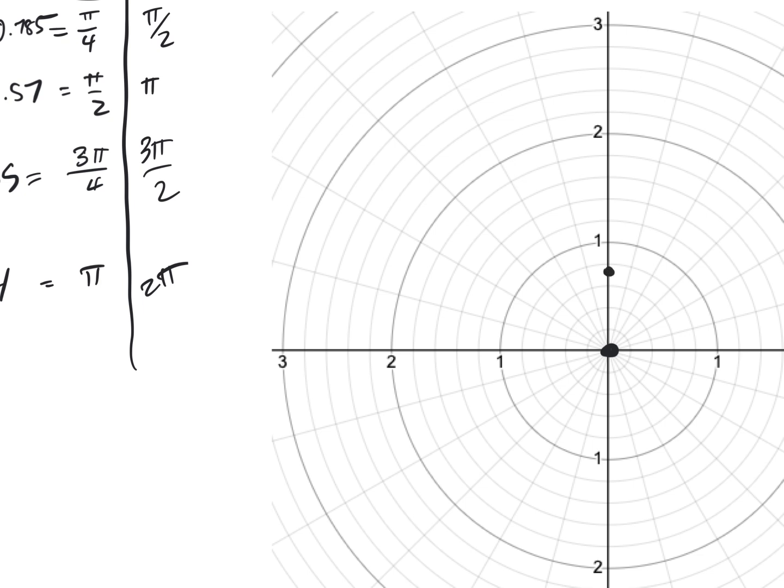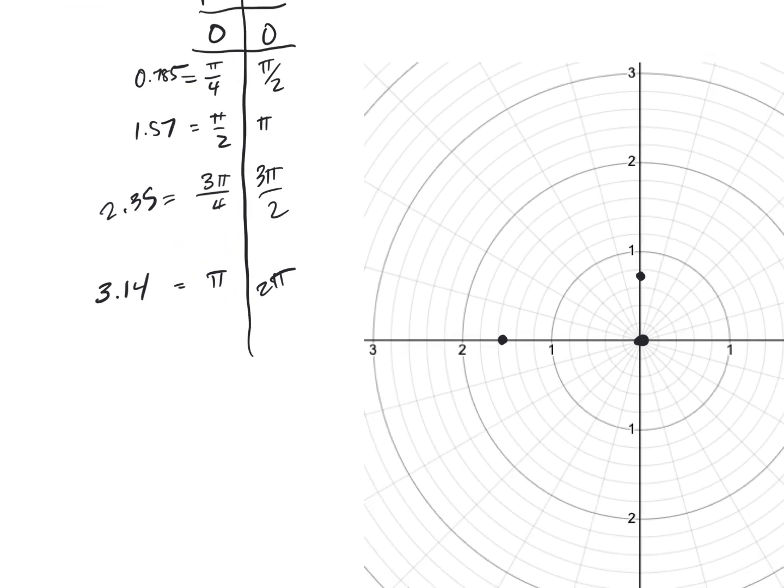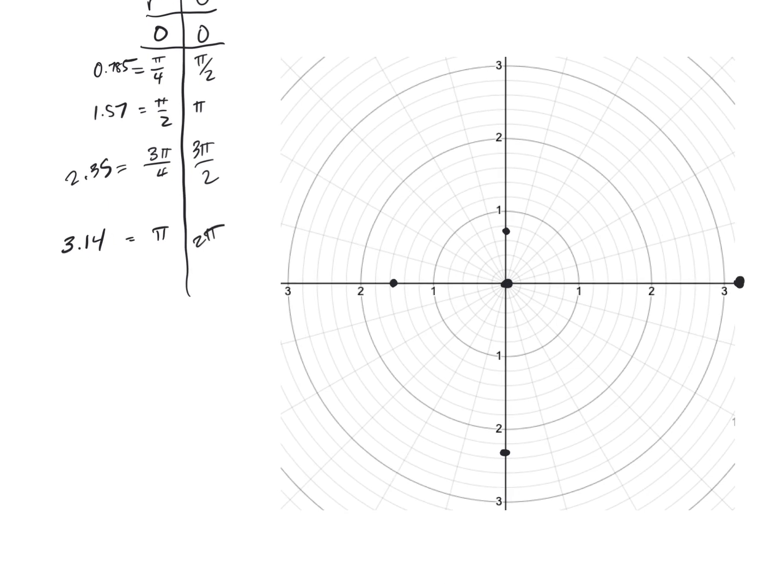So that would be roughly here. 1.57, pi. Hopefully we're getting a picture that looks like this, yeah?